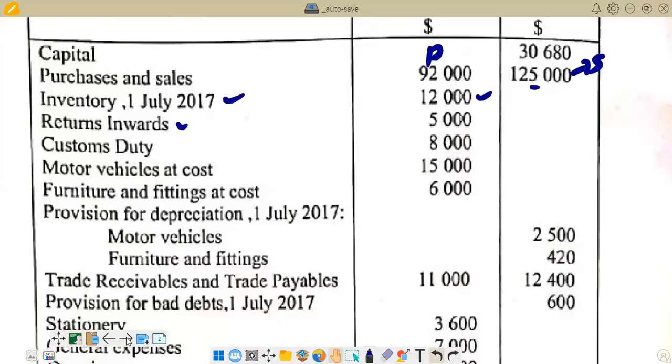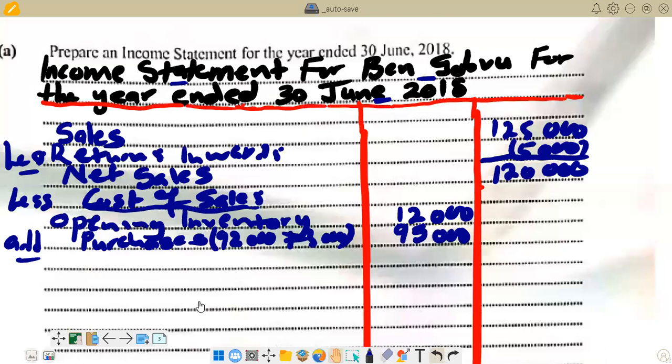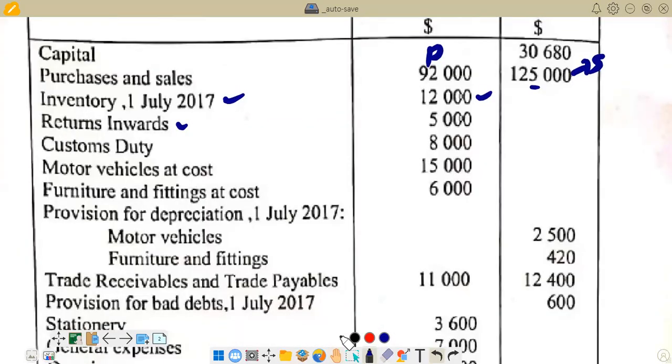So we come here, we are going to write our customs duties. Right. On our customs duties, remember the figure that we have there, also we have got an adjustment on the additional information.